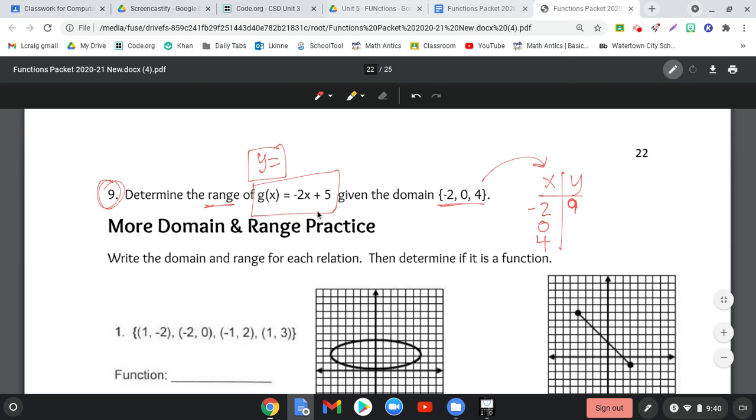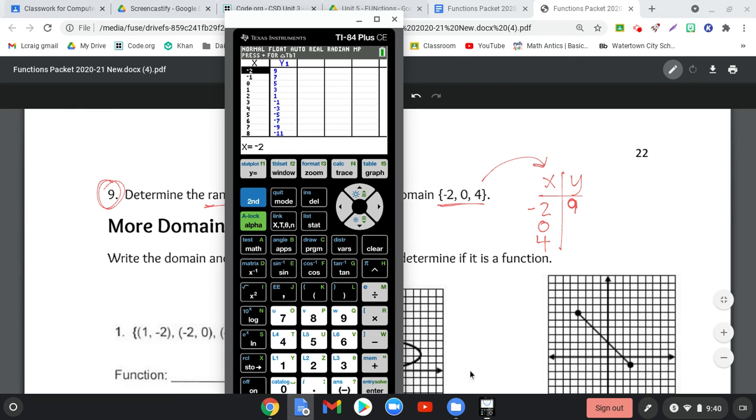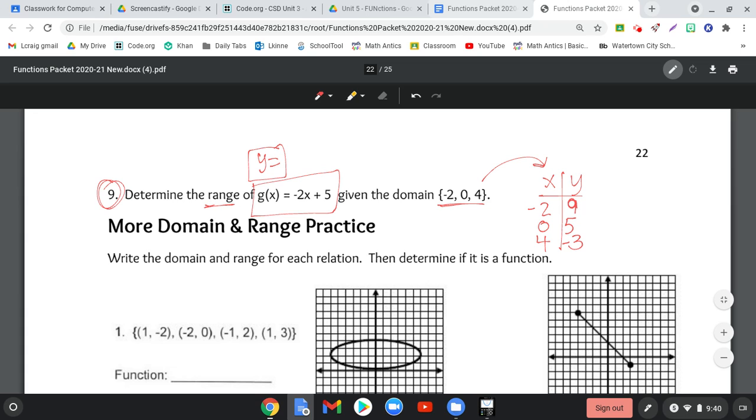And again, you could have done -2 times -2 plus 5, -2 times 0 plus 5, -2 times 4 plus 5, or use a calculator. Okay, 0 is 5, and 4 is -3. So your range is 9, 5, and -3.